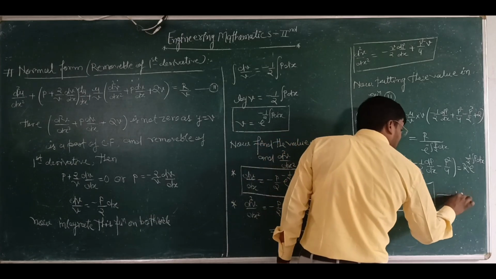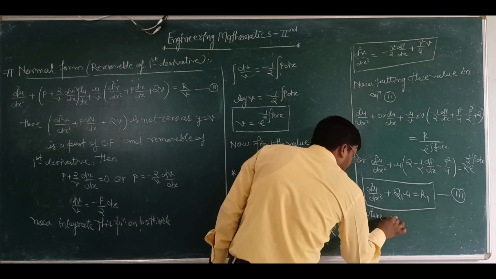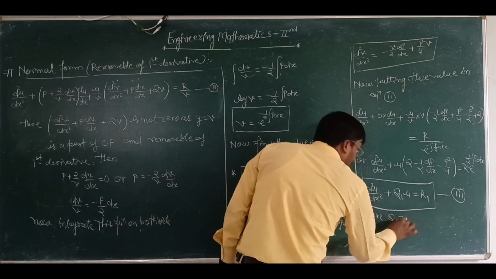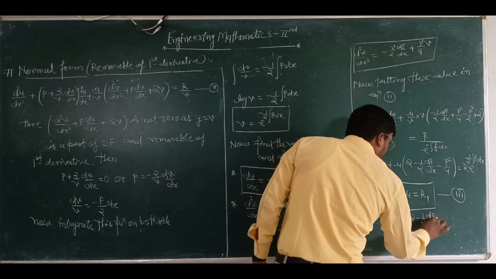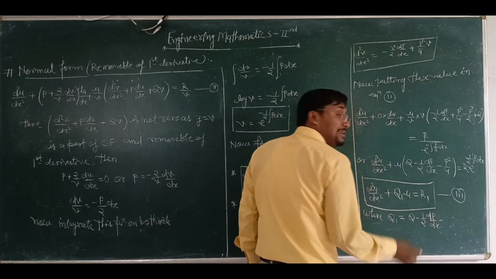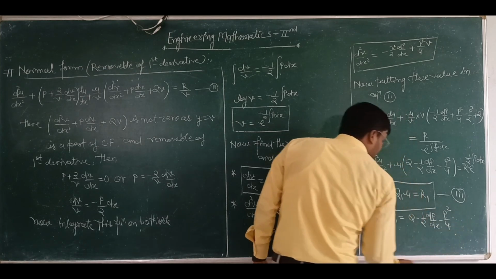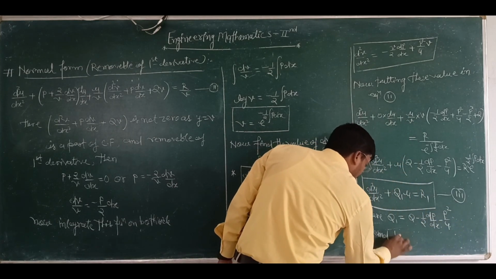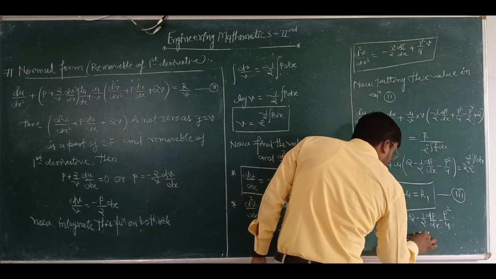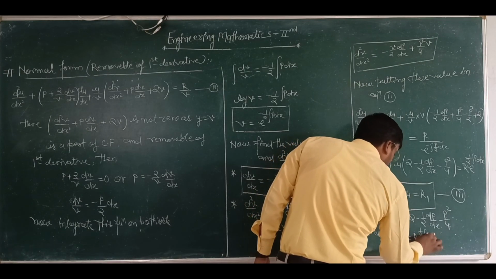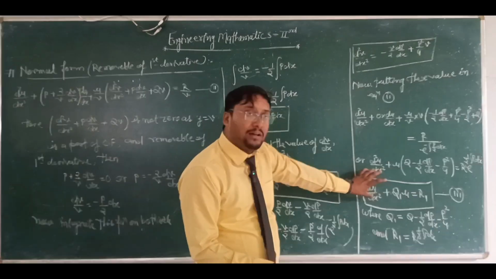This is equation number 3rd, where q1 is equal to q minus 1 by 2 dp of dx minus p square by 4, and r1 is equal to r e to the power 1 by 2 integration p into dx. This is removal of first derivative.